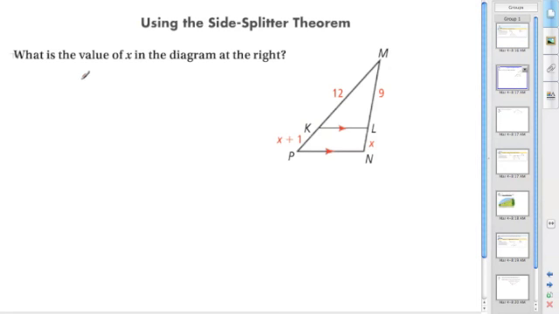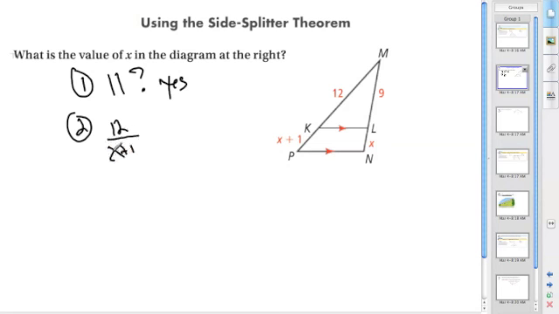So, first thing we want to know, do we have parallel? Yes, we do. Therefore, we know that we can compare 12 over x plus 1, 9 over x. No longer do you have to do 12 over x plus 13 equals 9 over 9 plus x.